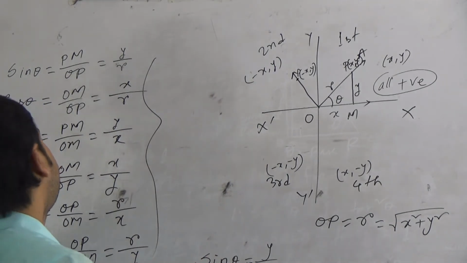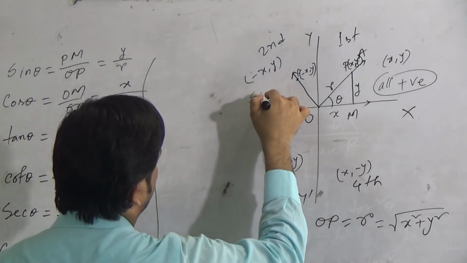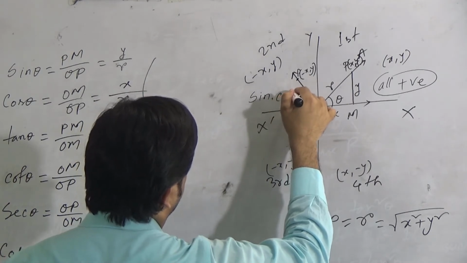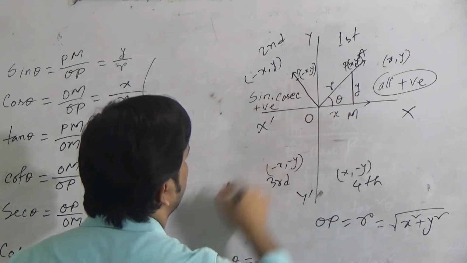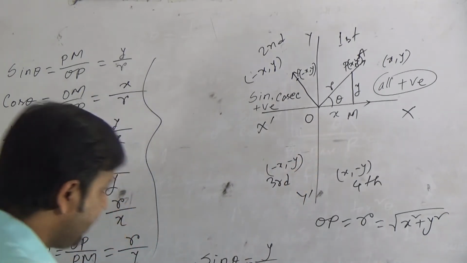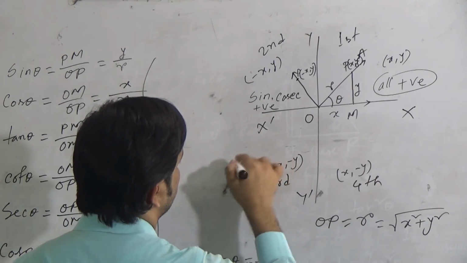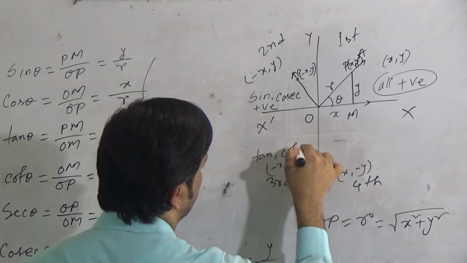The rest will be negative. So in this quadrant, we will get sine and cosec positive. And in the third quadrant, if we calculate, we will get tan and cot positive.